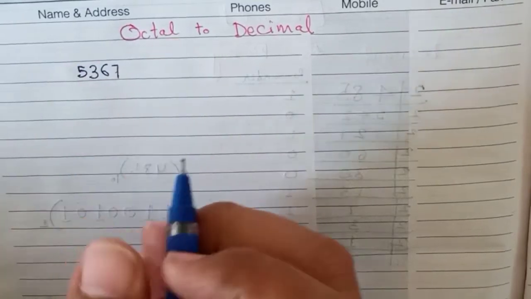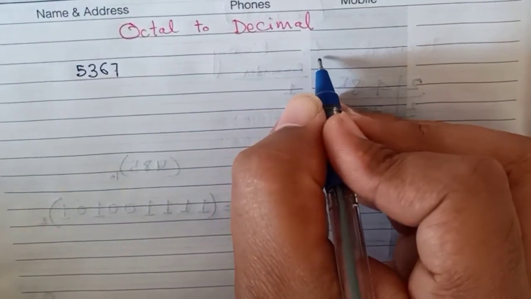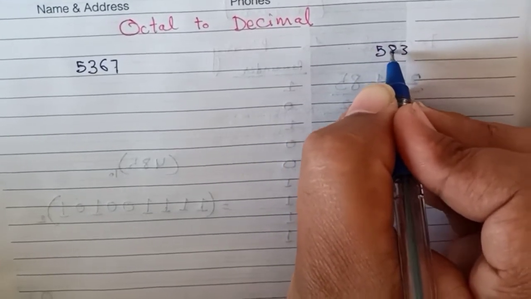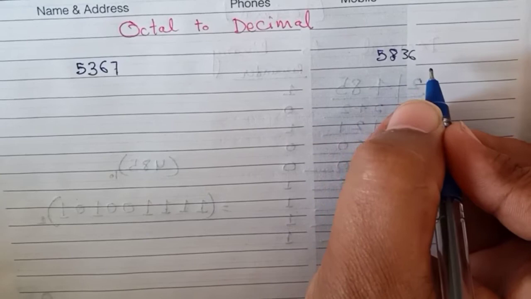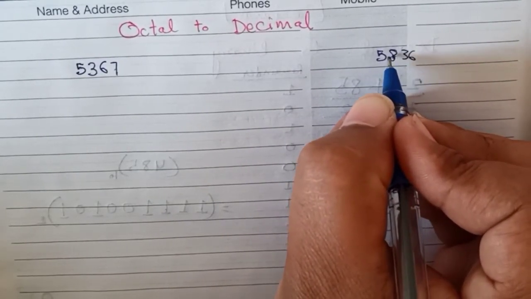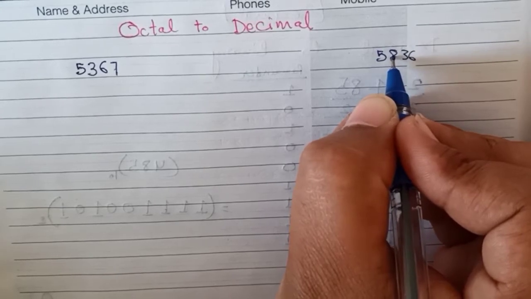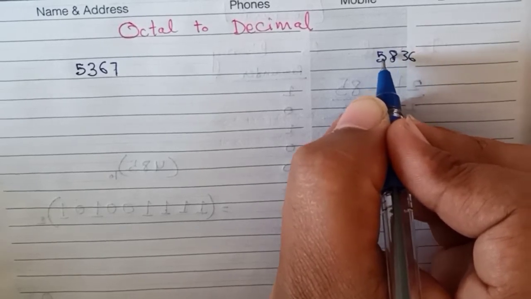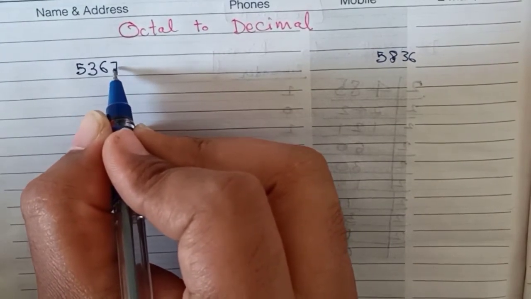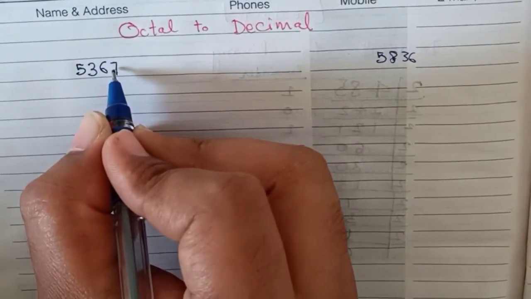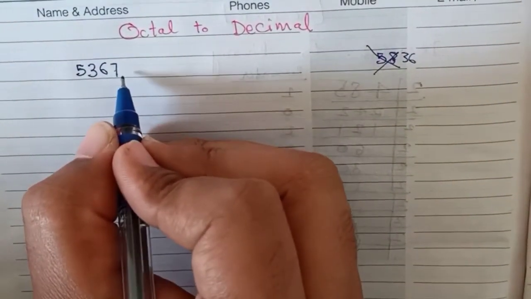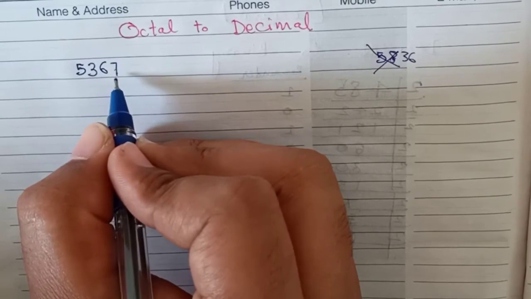No. If I tell you to convert the octal number 5836 into decimal or binary, be very careful that in an octal number the largest digit cannot be more than 7. So 7 can be the largest digit in the octal number. So this is not an octal number.